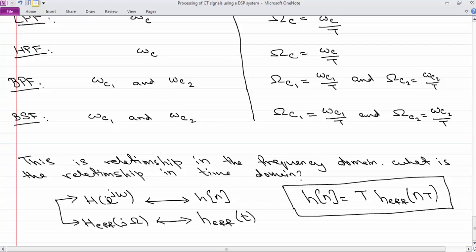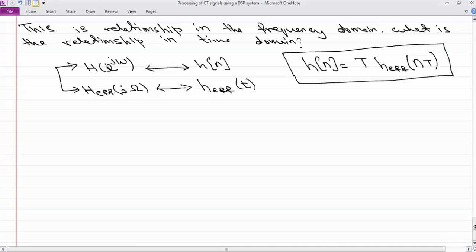Just using this relationship, for example, we know that a continuous time LTI system that is an ideal low pass filter has an impulse response that is a sinc. So what will be the impulse response of a discrete time LTI system that is a low pass filter? Well, you are going to take samples of that sinc and you will get back a sinc. Okay. So this is the relationship in time domain.